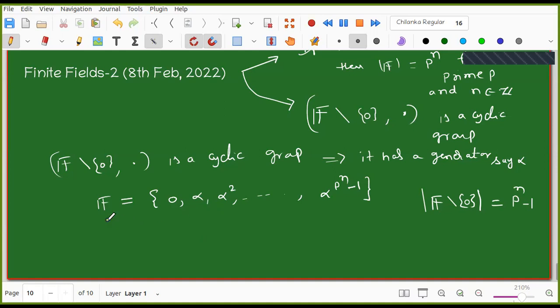So then the entire F I can write very beautifully. For real numbers, complex numbers, Q, I cannot write this beautifully, right? All elements in F are now powers of one element. This alpha is called a primitive root, a primitive element.